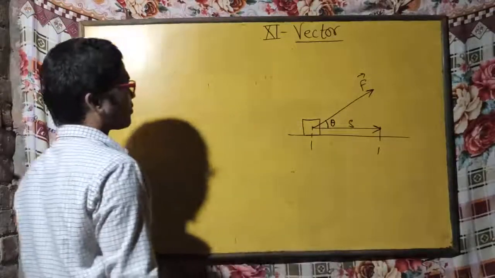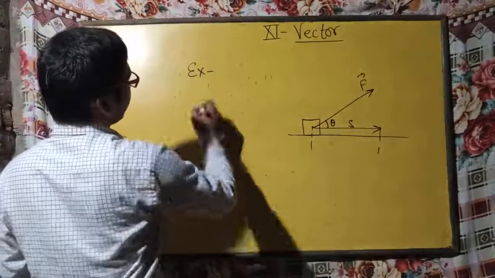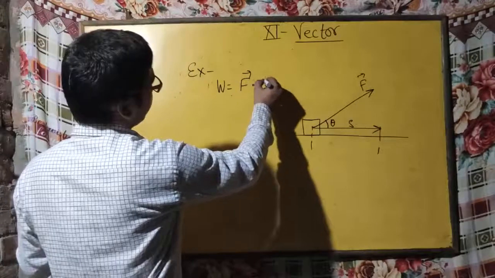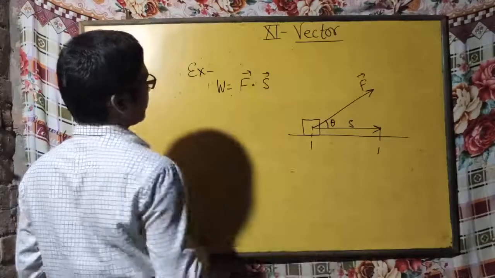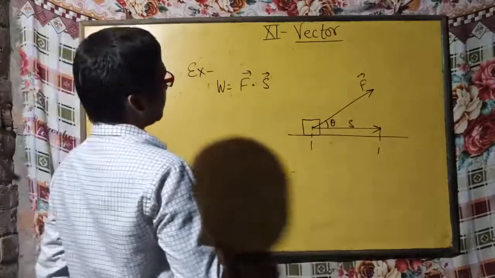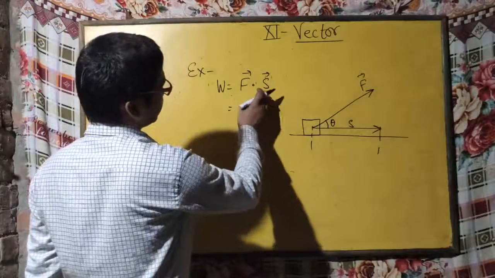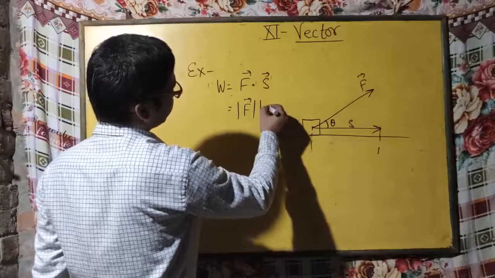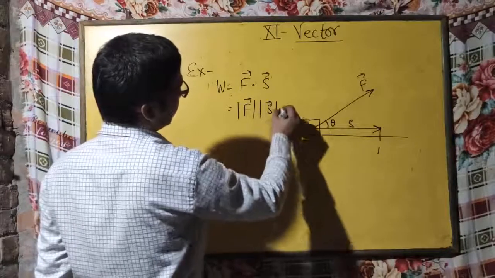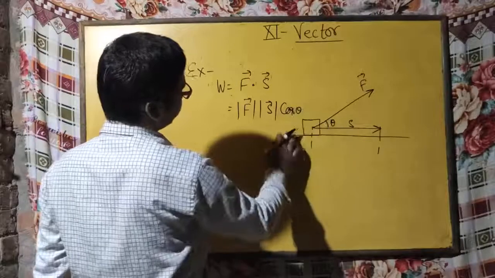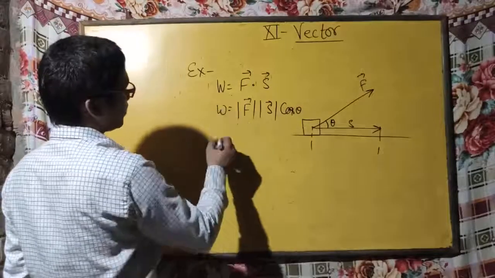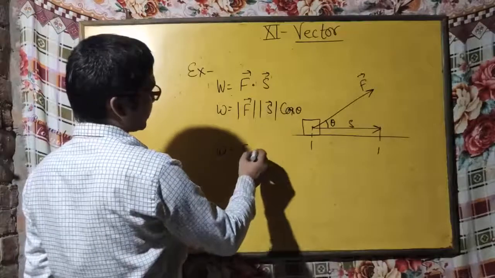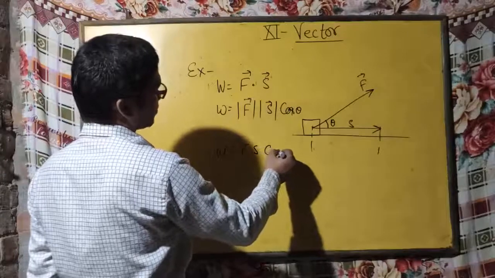So the work done in this process is given by W is equal to F dot S. Okay, and you can also write this part like this: magnitude of F, then magnitude of S, then cos theta. So magnitude of F is also written as only F, and magnitude of S is written as S, and this one is cos theta.